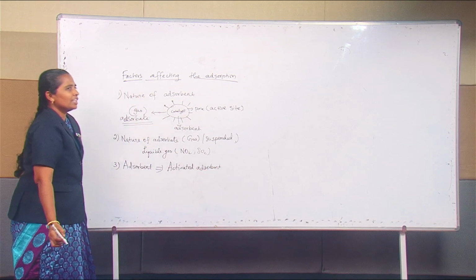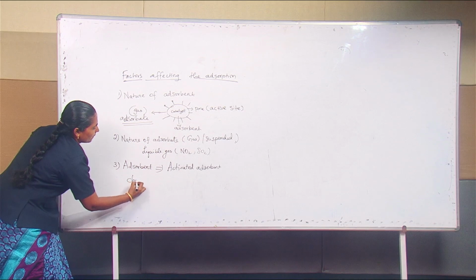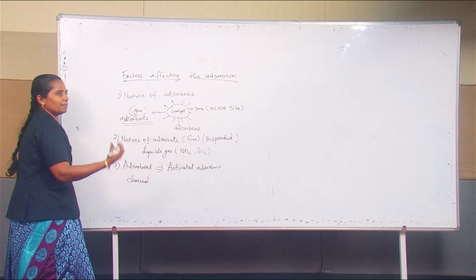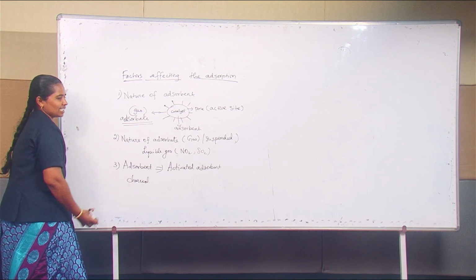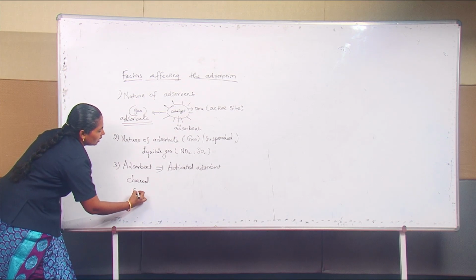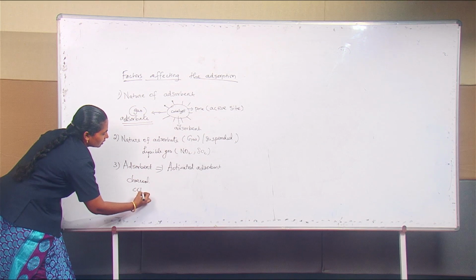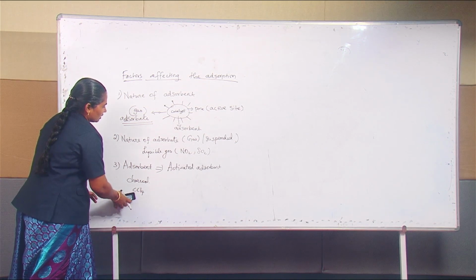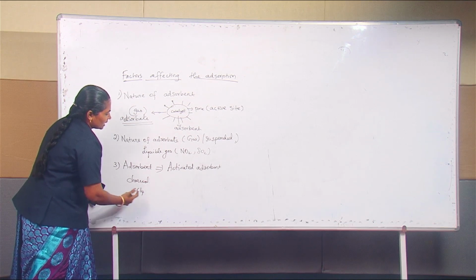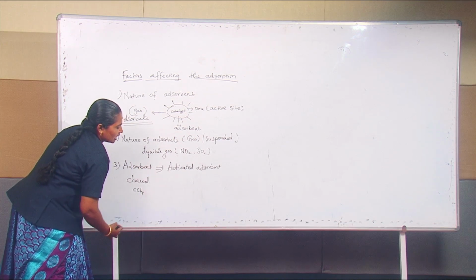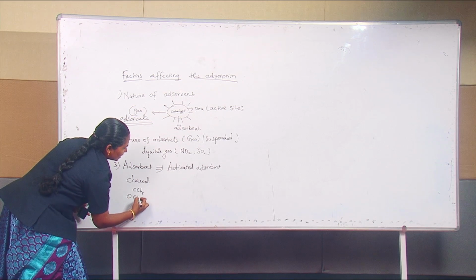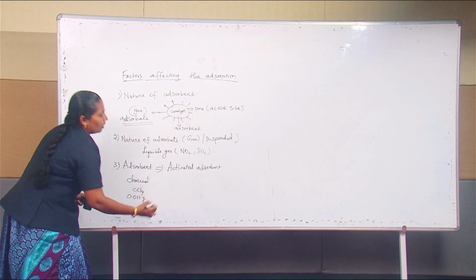For example, charcoal. Charcoal can absorb some gaseous molecules, such as carbon tetrachloride. A normal charcoal will absorb only a limited amount, that is 0.011 gram.